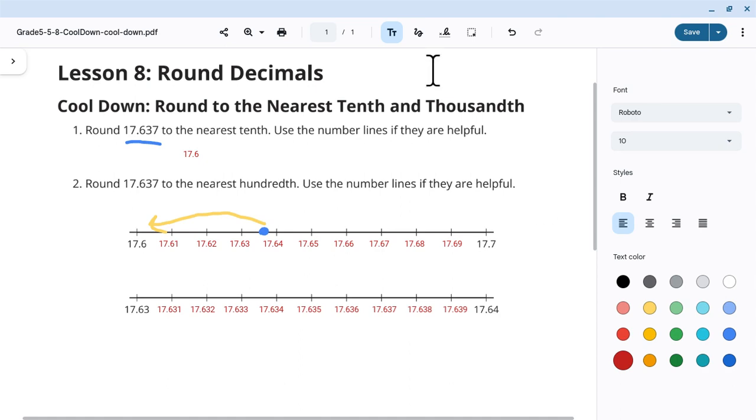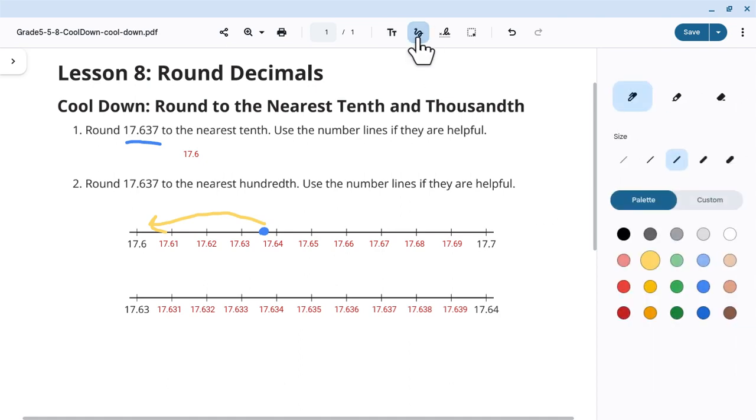Now I can go ahead and label exactly where 17 and 637 thousandths exists on my number line. I'm going to put that in green, and I'm going to put my labeling right here to show that that is exactly where that number exists.